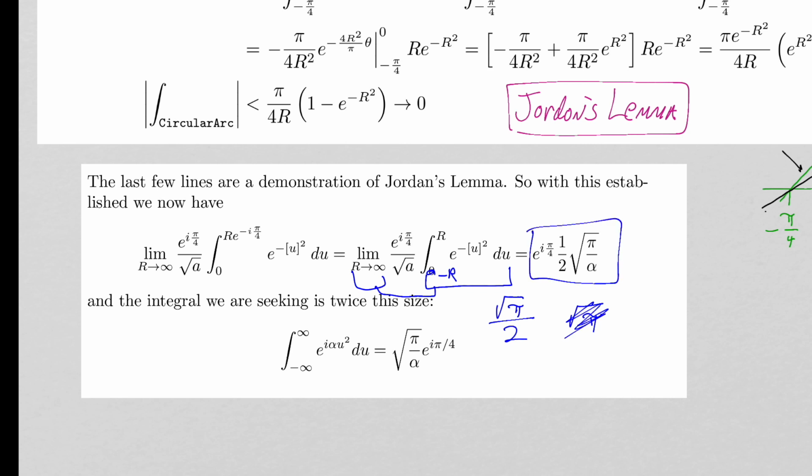this expression. So the integral that we were seeking is e to the i pi over 4 times 1/2 times the square root of pi over alpha.